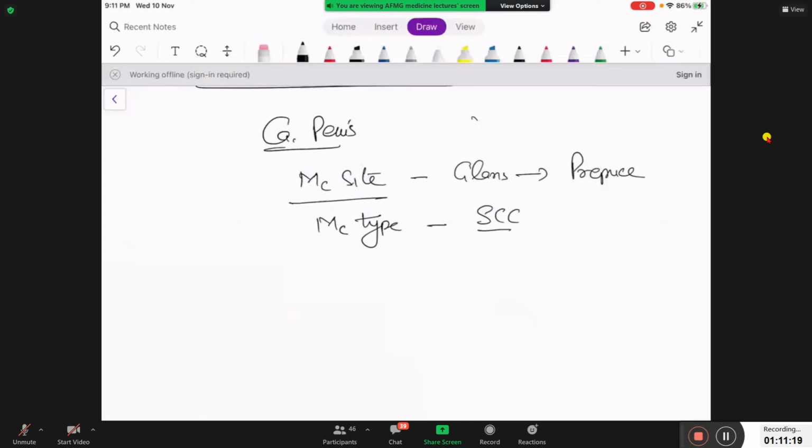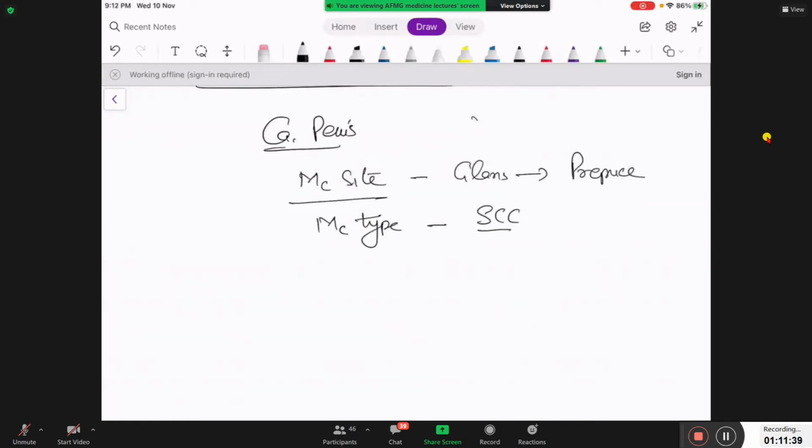And can you tell me what is the most important risk factor for carcinoma penis? Don't tell me male gender. What is the most important risk factor for carcinoma penis? Very good.